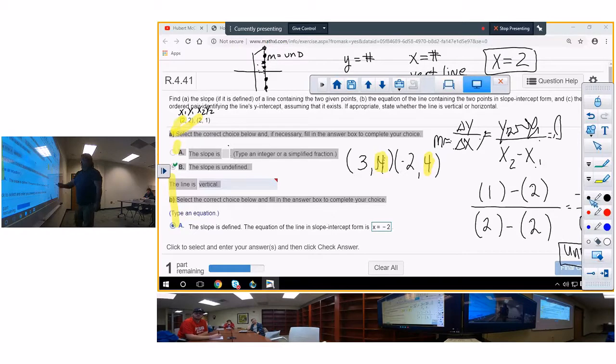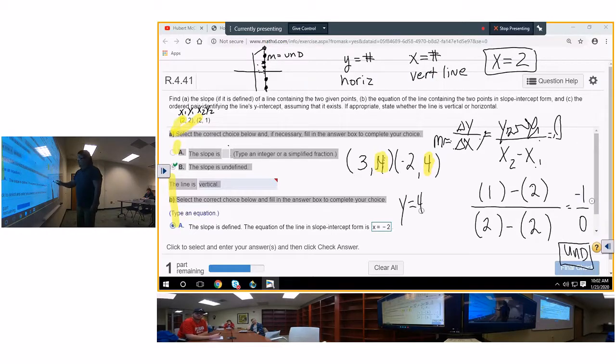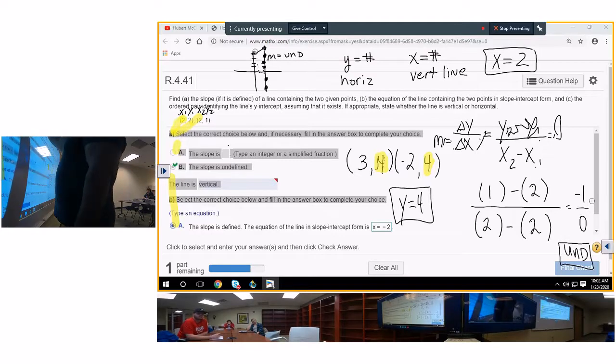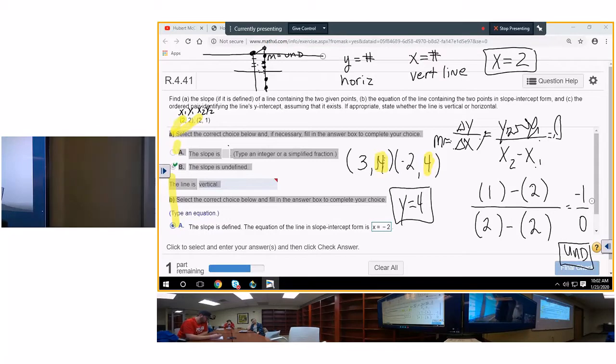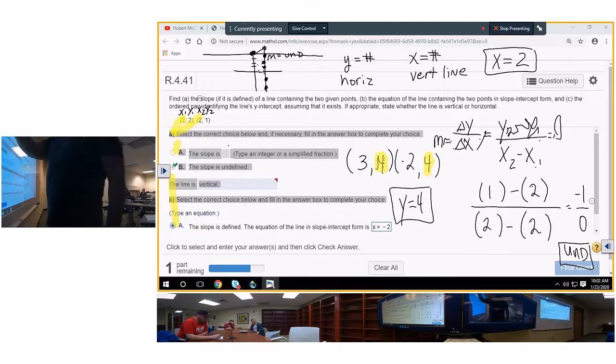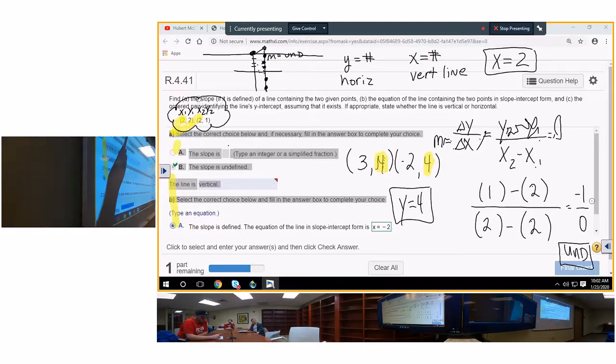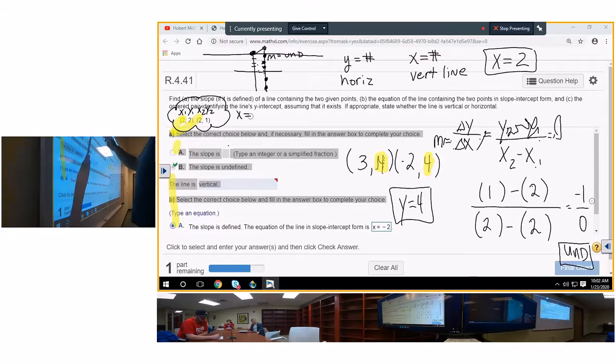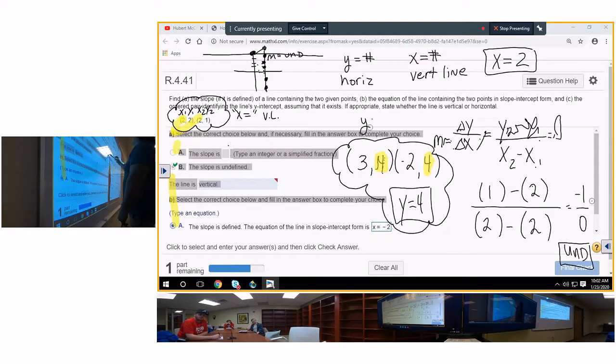I'm sorry, y is equal to 4, and that would be a horizontal line. 1, 2, 3, 4, and it would be going this way. So in this case, you have a vertical line because the x's are equal. If the x's are equal, then you have a vertical line. If the y's are equal, you have a horizontal line.